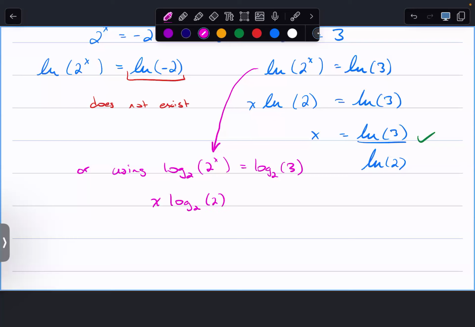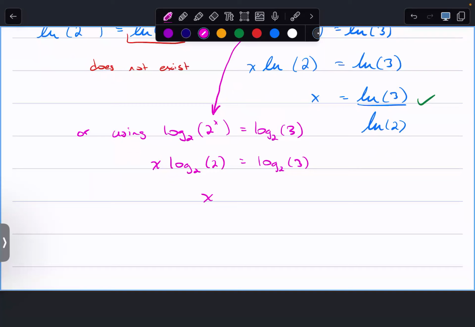So then I'm left with x is log base 2 of 3. Log base 2 of 3, by the change of base formula, is the same as the natural log of 3 over the natural log of 2.